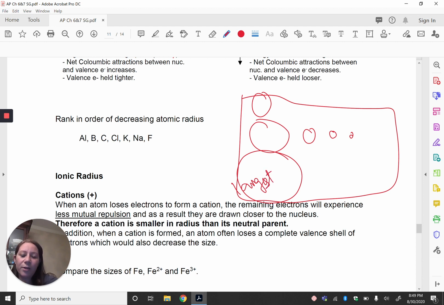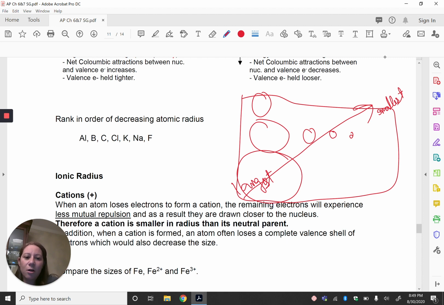You pick the corner that has the smallest sizes. Since we're looking at atomic radius, this would be the smallest. And you say, oh, it's decreasing order, so that means from highest to lowest. So we need to go this way on our periodic table, and that will give us the different sizes.